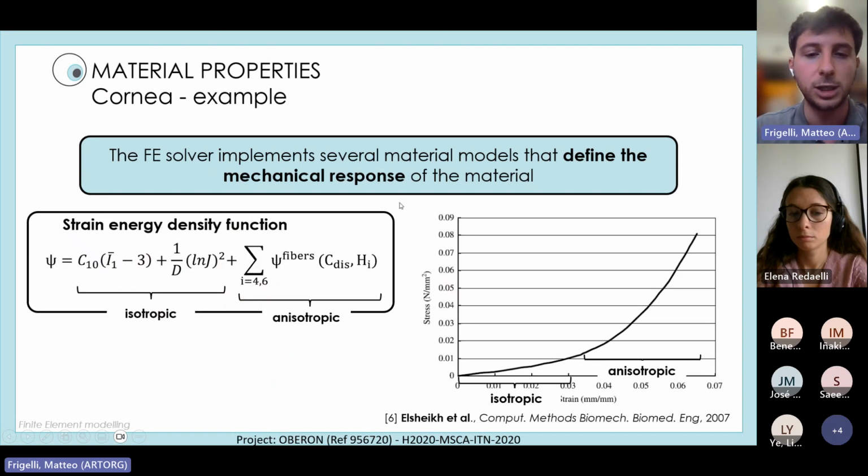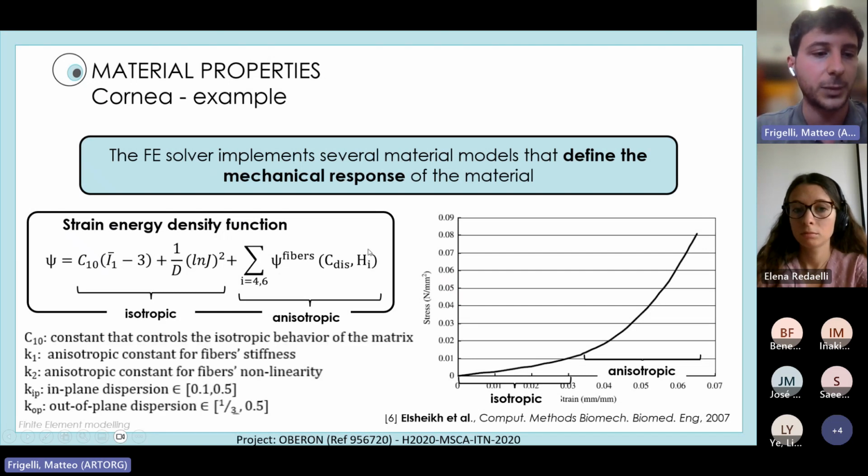And the most commonly used equation to model this behavior is this one, that I will not go into details of because it has been already explained by Benedetta. But what I really want to focus on here is that this equation relies on several parameters. And when we change the values of these parameters, we will actually change the response of the tissue.